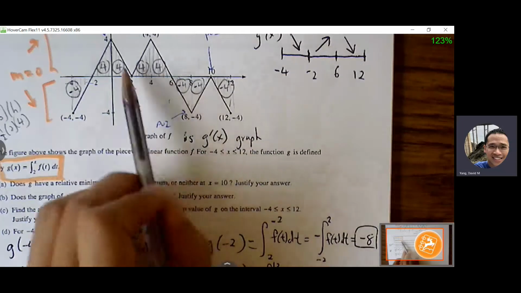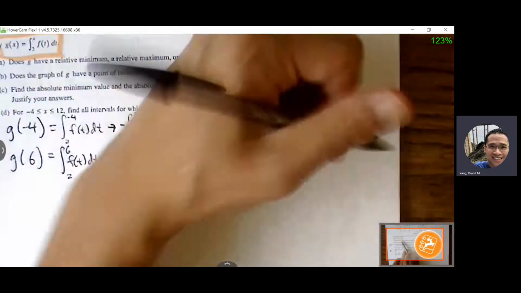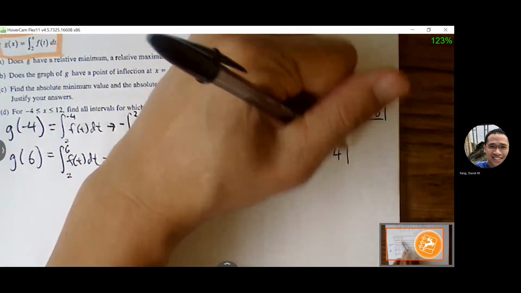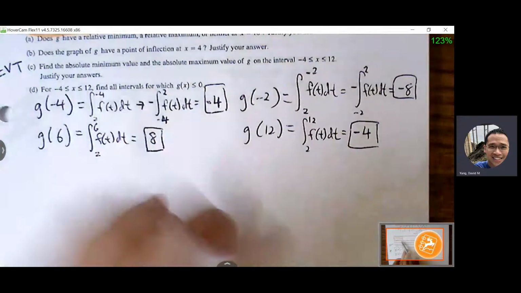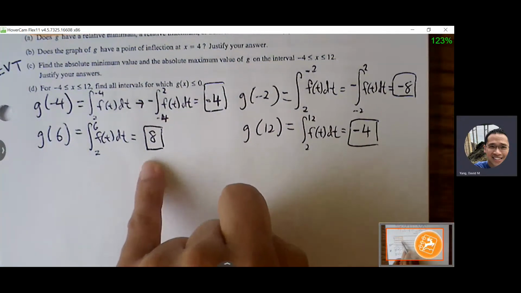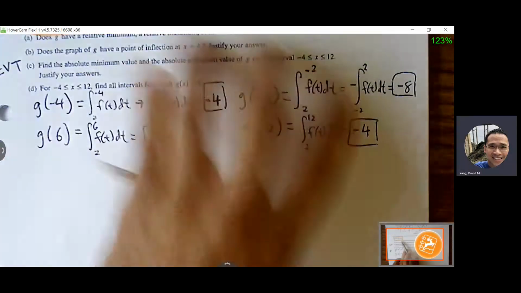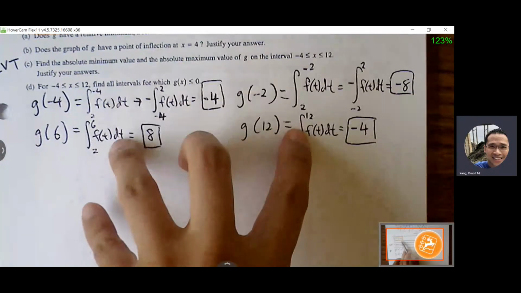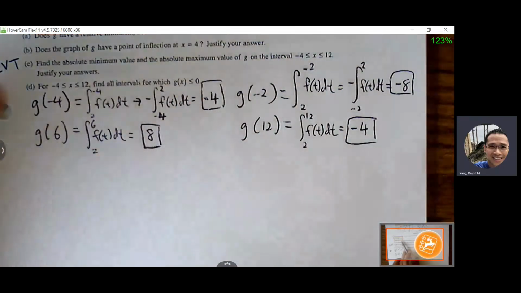So 2 to 12 is 8 minus 8, which is 0. 0 minus 4 is -4. So we can say absolute maximum is 8, absolute minimum is -8. And your work that you're showing here is justification, okay? There's no additional words. You don't have to mention EVT if you don't want to.